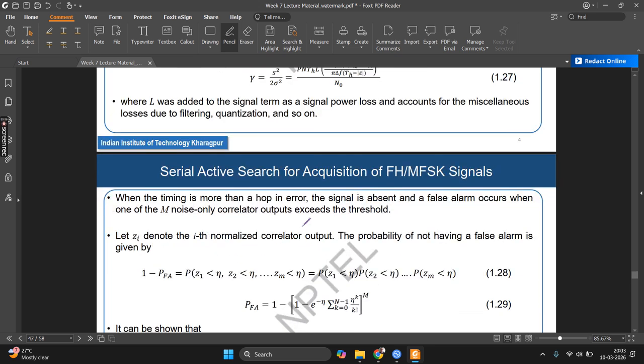When the timing is more than one hop in error, the signal is absent and a false alarm occurs when one of the n noise-only correlator outputs exceeds the threshold.